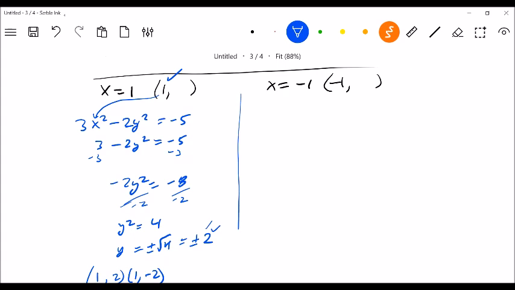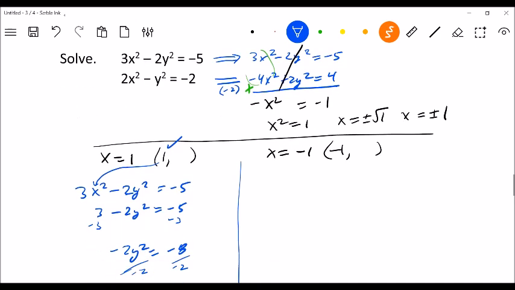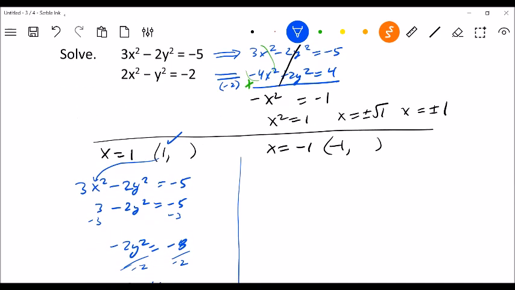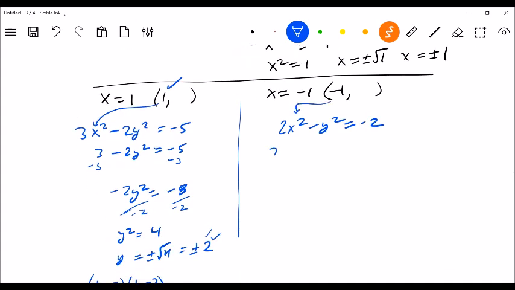Let's look at the next one now. I'm going to do the same kind of thing. I think we're going to use the second one here this time. 2x squared minus y squared equals -2. So I'm going to put a -1 in here. 2 times -1 squared minus y squared equals -2.